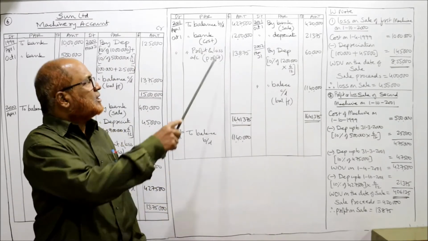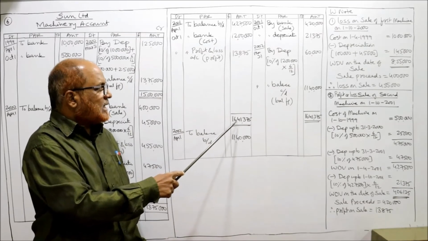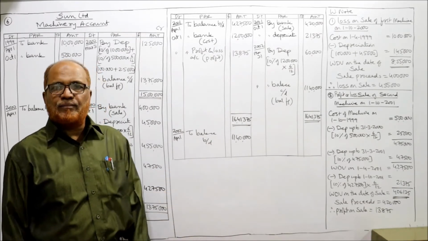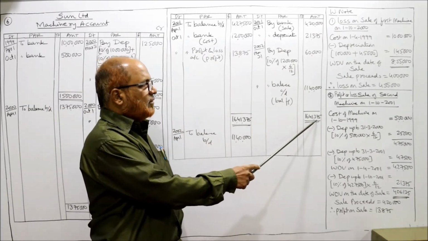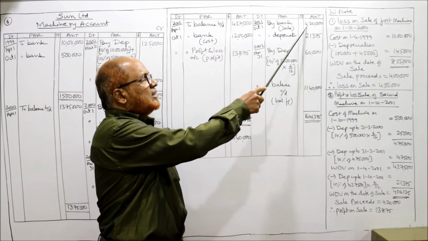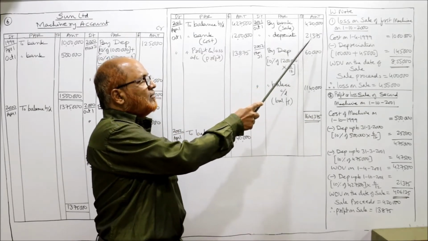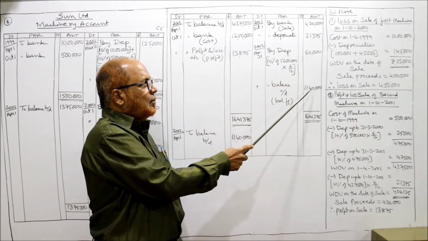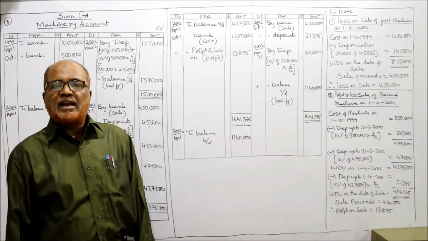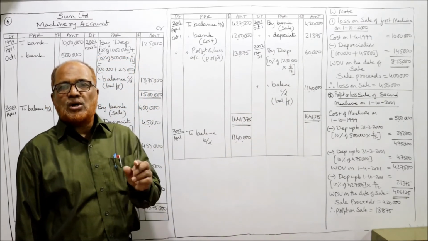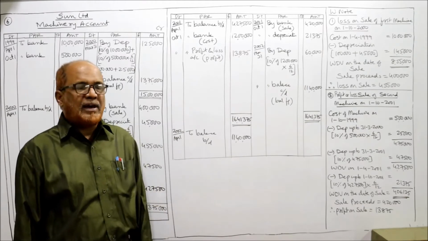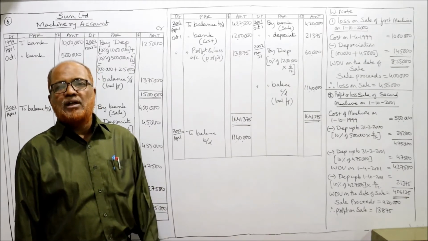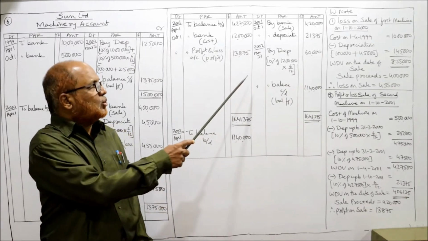That's all. Now take the total on the debit side, 16,41,375. From this 16,41,375 minus 4,20,000 minus 21,375 minus 60,000, the balancing figure is 11,40,000. This is the closing balance of value of machine at the end of 31st March 2002.